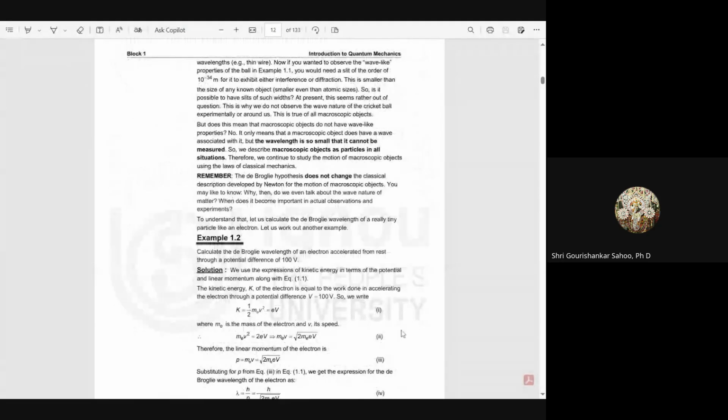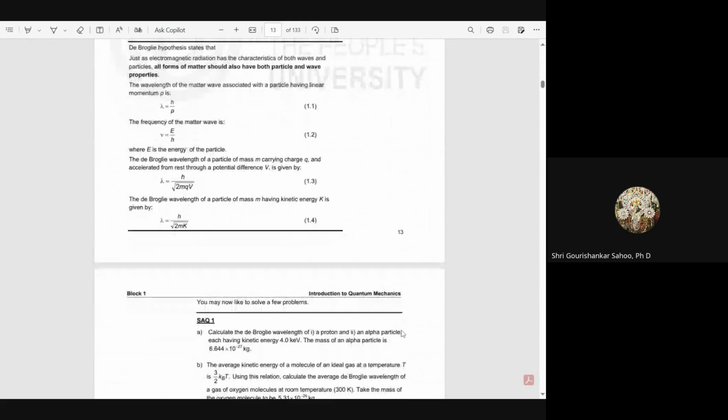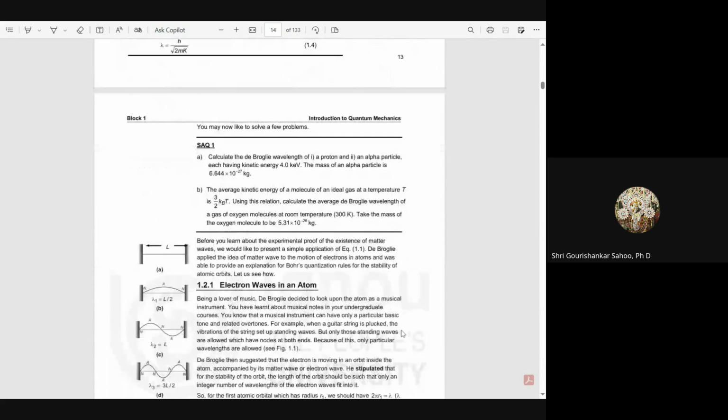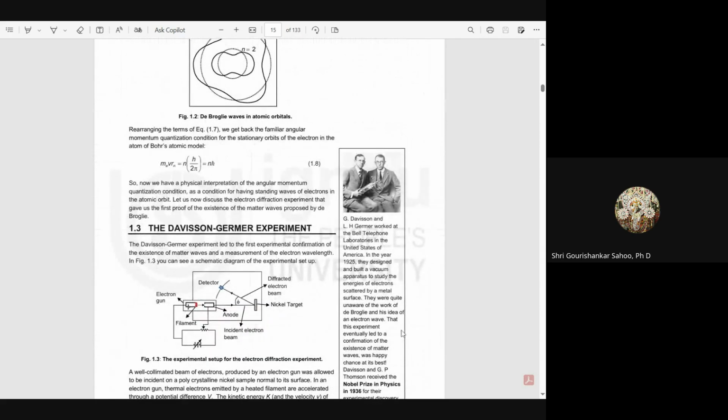And you can see many experimental findings which scientists were unable to explain using classical mechanics. Let us focus on some of them. One is black body radiation.